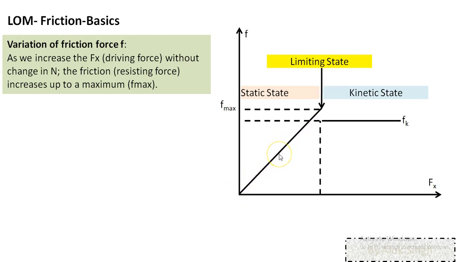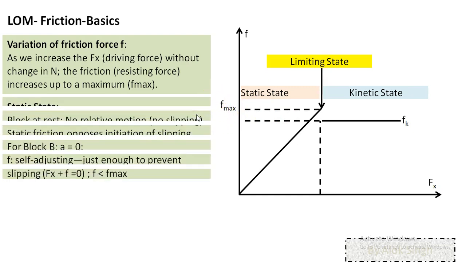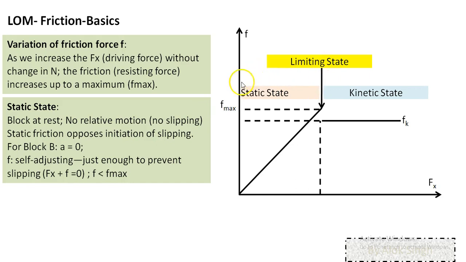As we keep increasing the driving force, the friction force is also equal and opposite, so it is equal in magnitude to the driving force. The relationship is linear up to a maximum value, which we call F max, the maximum friction force. This entire state is called the static state.